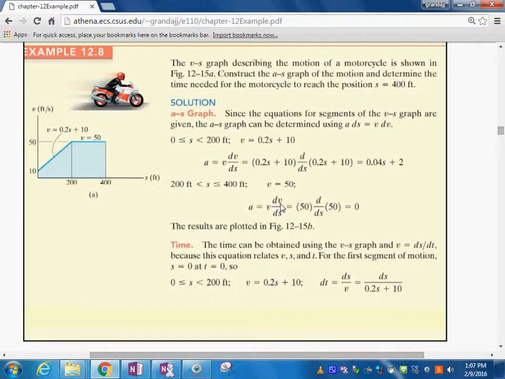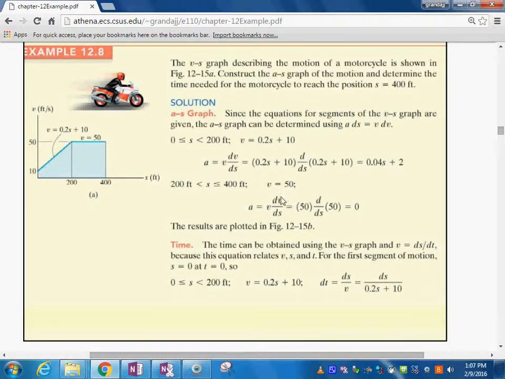So the results are plotted on this, the next one. The time can be obtained using the v and s graph and v = ds/dt, because this equation relates v, s, and t.